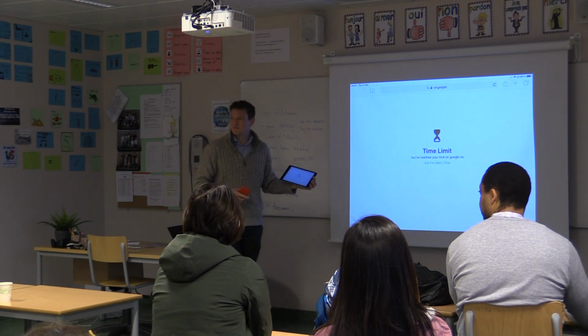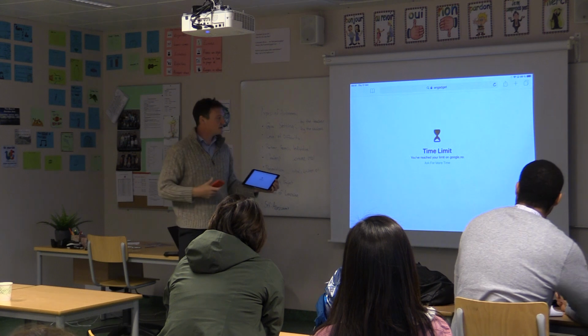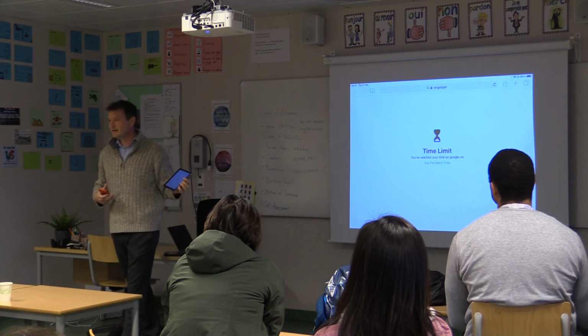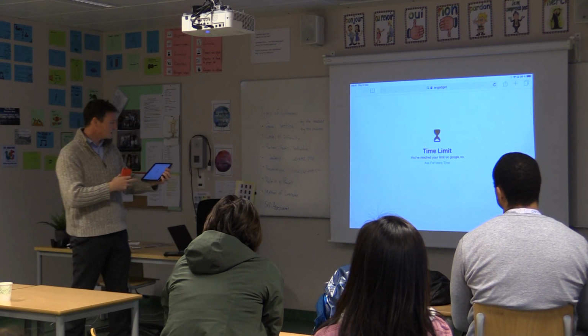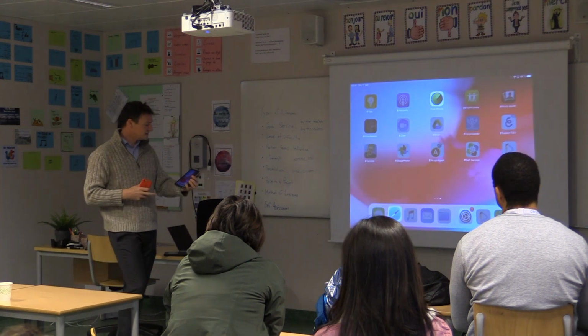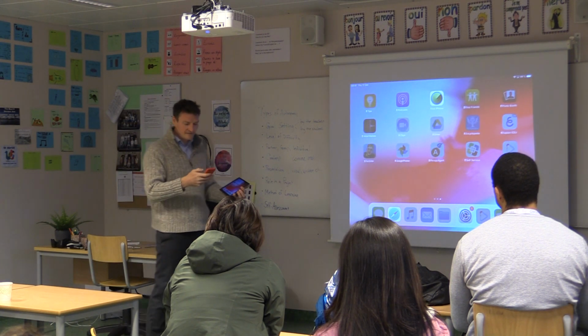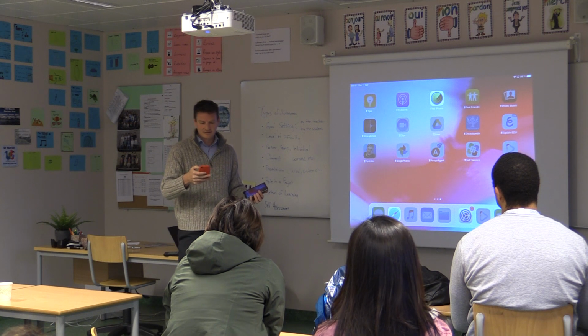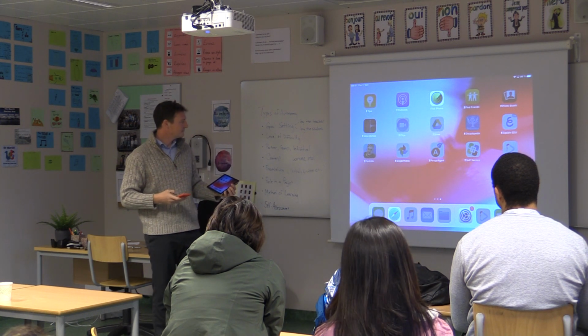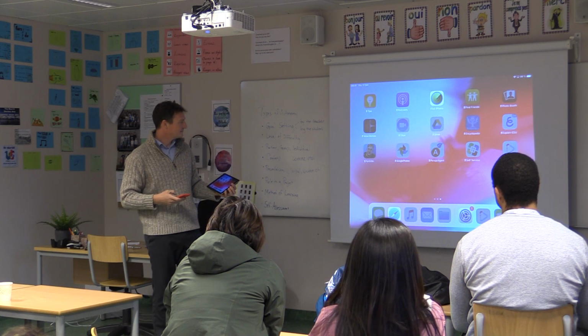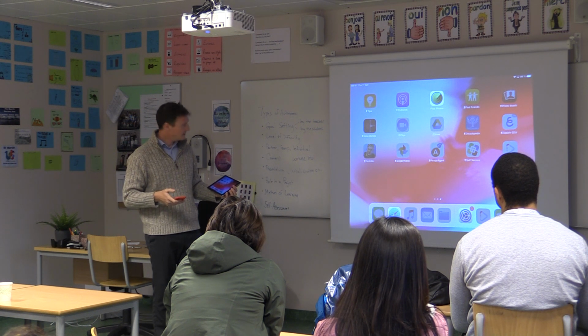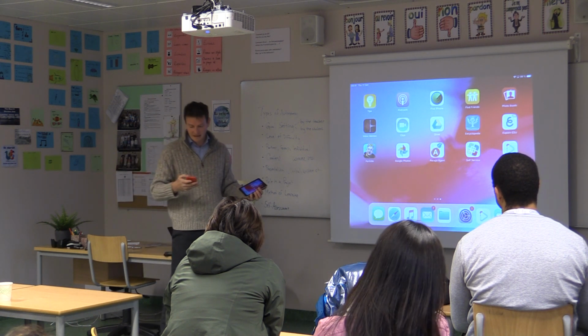Okay, there you go. I'm in the browser and it says you've reached your time limit. So that's what downtime looks like on the child's device. And if I just turn off downtime now, there you go. And now they've all appeared again.